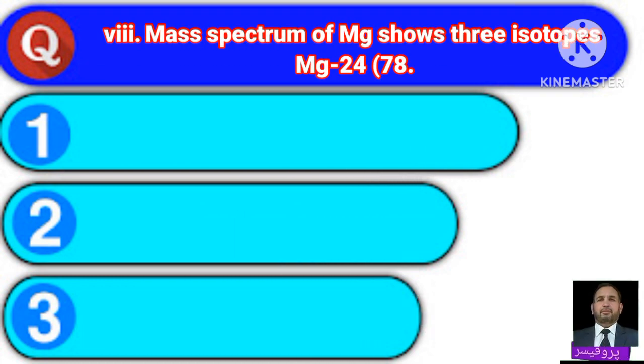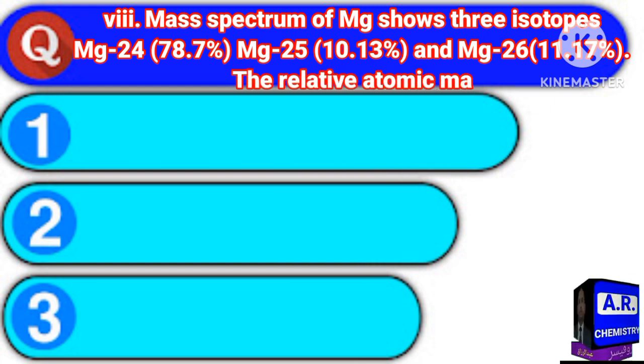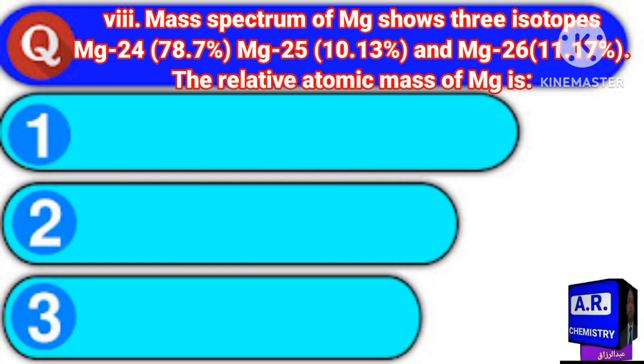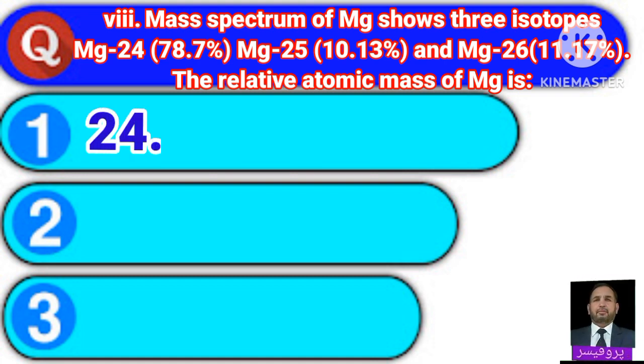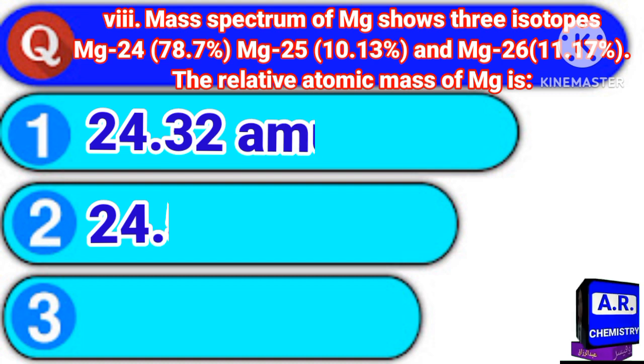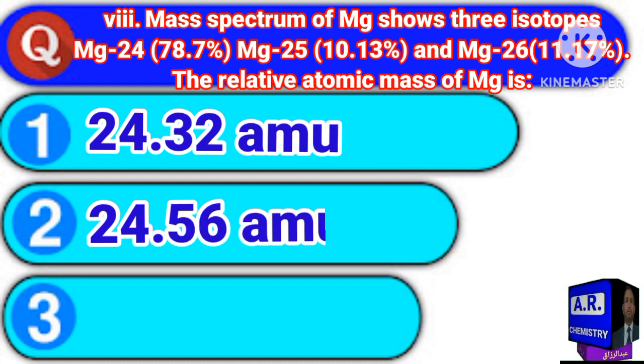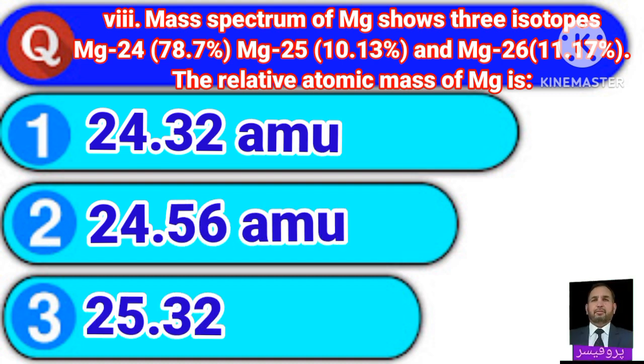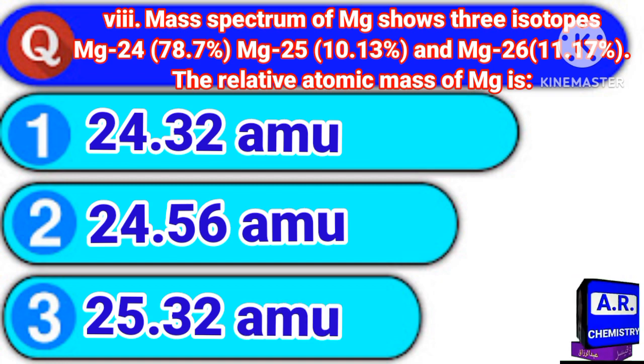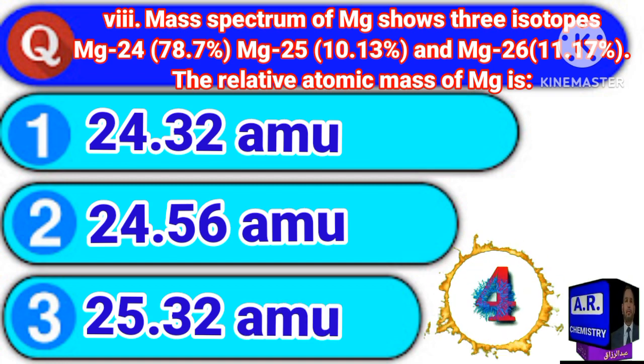Next, question number 8. Mass spectrum of magnesium shows 3 isotopes: magnesium 24 78.7%, magnesium 25 10.13%, and magnesium 26 11.17%, and the relative atomic mass of magnesium is number 1, 24.32 AMU, number 2, 24.56 AMU, and number 3, 25.32 AMU.